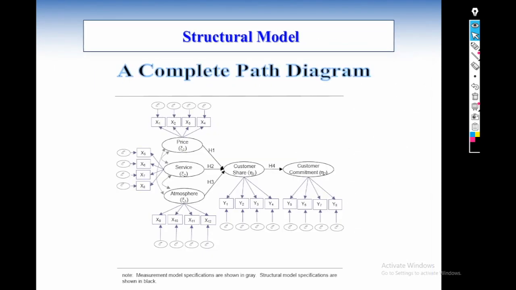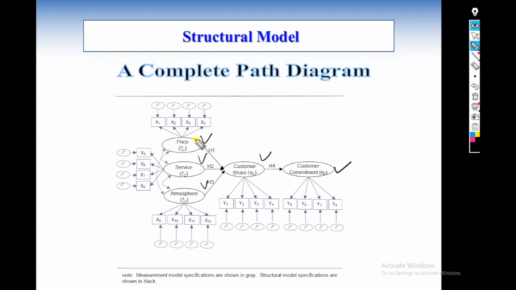Now this is my complete path model. We can see the path model here. These are the endogenous and exogenous variables, like customer commitment, customer share, price, service, atmosphere.